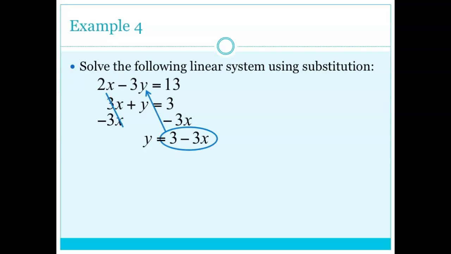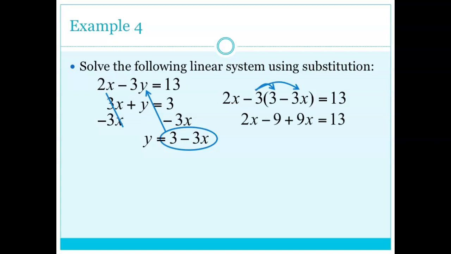So that's going to be 2x minus 3 times, in parentheses, 3 minus 3x equals 13. We'll distribute, so we have 2x minus 9 plus 9x equals 13. And now we combine 2x and 9x to give us 11x minus 9 equals 13. Add 9 to both sides.